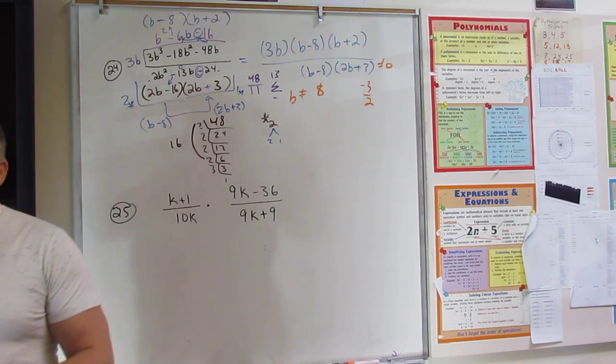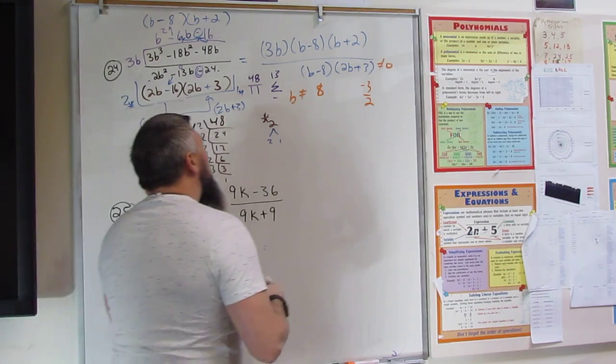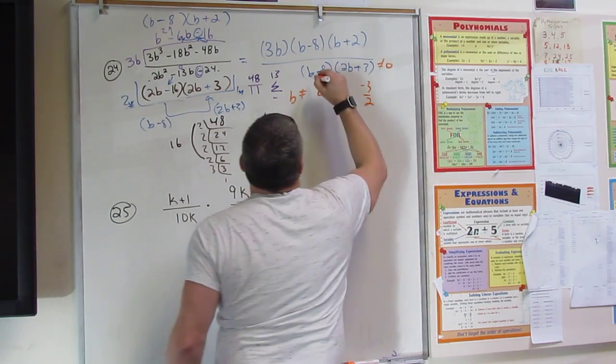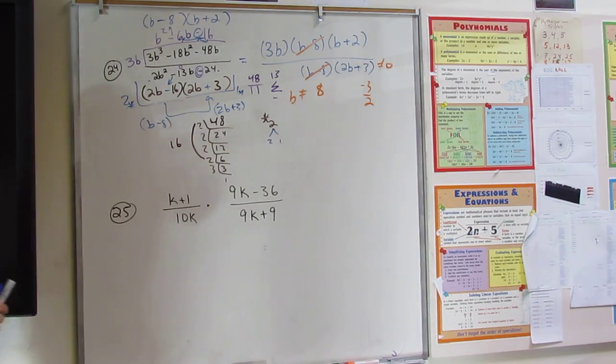So now let's rewrite it. Let's cancel something. What can I cancel? b minus 8. Okay?